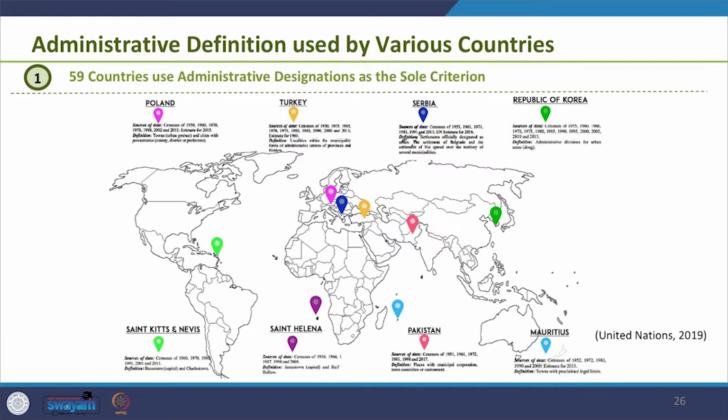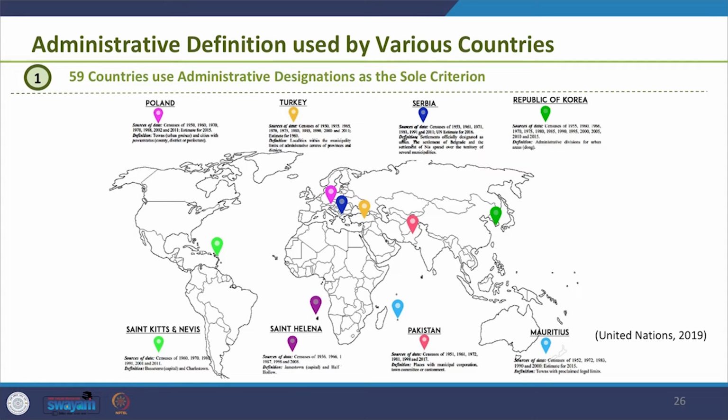Out of these, we are just looking at some examples. We also see Pakistan, which also uses the same administrative designation to identify its urban areas. We also see the Republic of Korea, which does the same thing. So they use only one definition, whichever is given by the administrative designation.